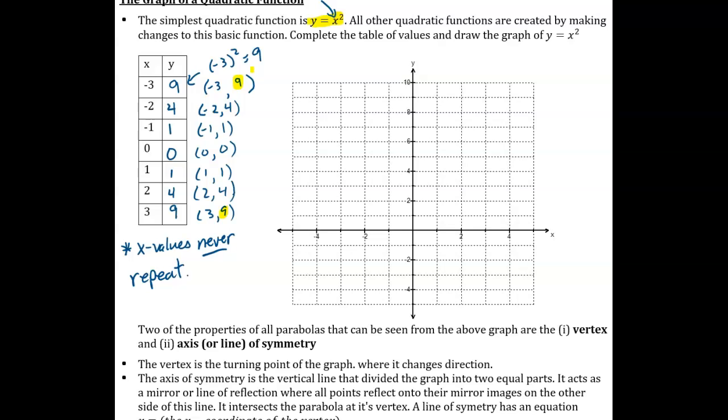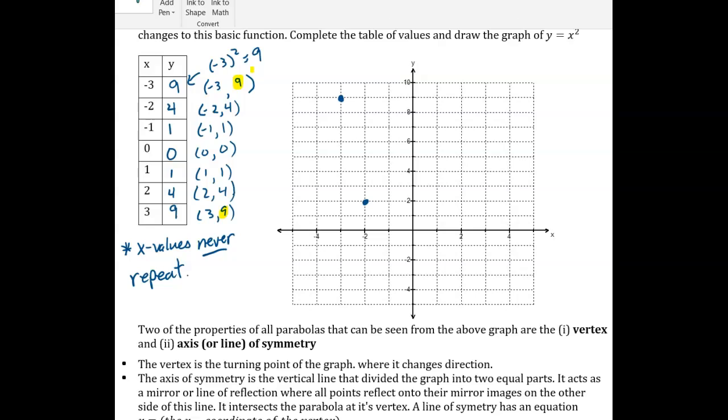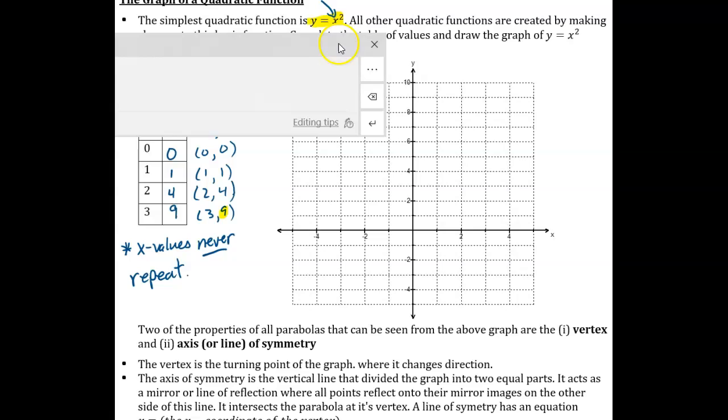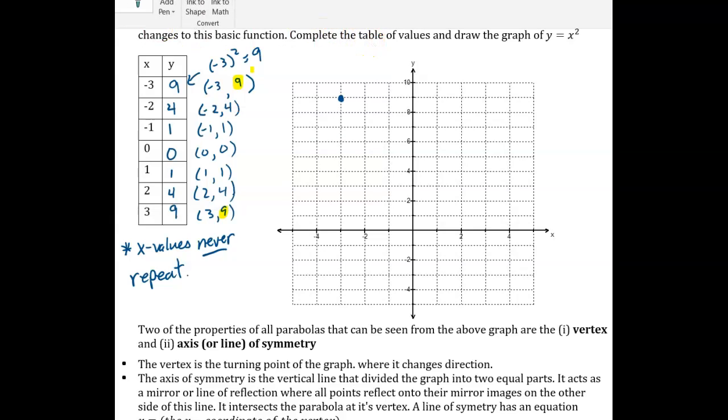Okay, so plot these. So you go -3 and 9. So I go over to -3 and up 9. That will put me here. And I have -2. And I'm assuming, of course, you've already graphed this.